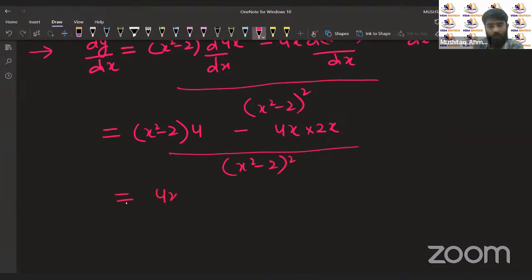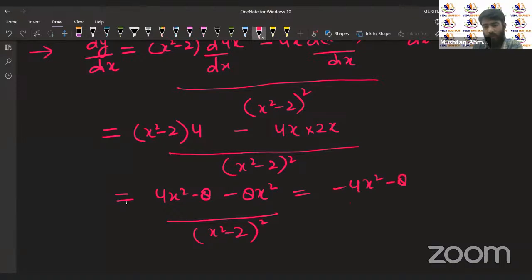So it will be 4x square minus 8 minus 8x square upon x square minus 2 whole square. So it will be minus 4x square minus 8 upon x square minus 2 whole square.